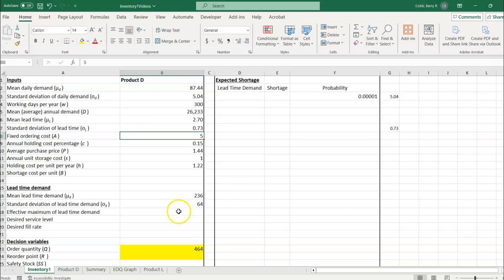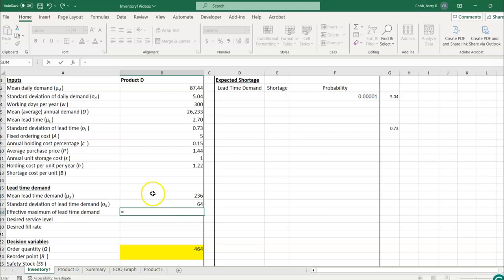Now, we're assuming that the lead time demand has a normal distribution. And so in a normal distribution, about 3 standard deviations captures 99% of the probability. So what we can do to calculate the maximum lead time demand is take the mean plus 3 times the standard deviation.